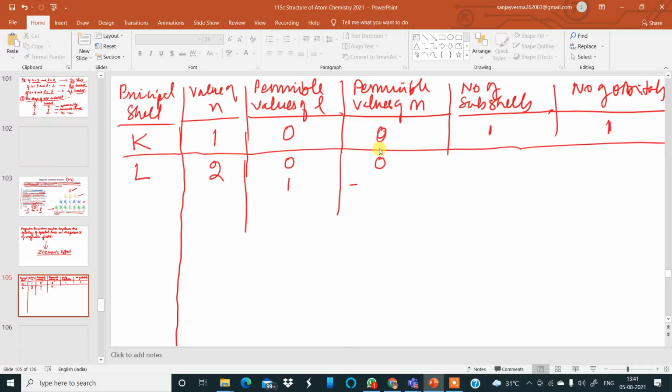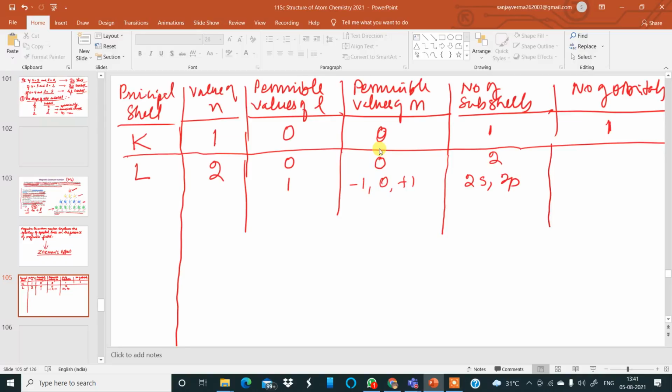So minus 1, 0, plus 1. Then overall, the number of subshells will be 2. One is s, one is p, and these subshells are 2s and 2p.